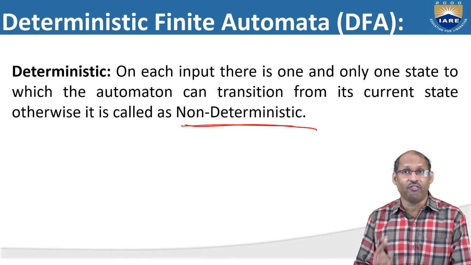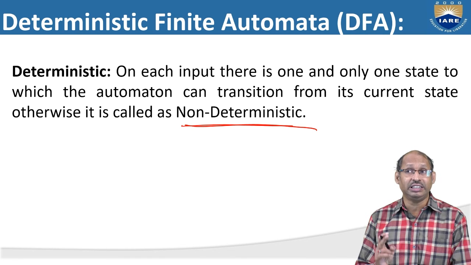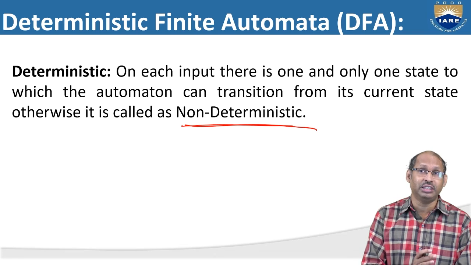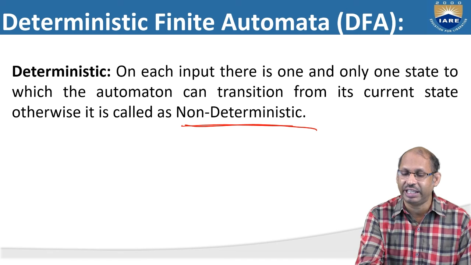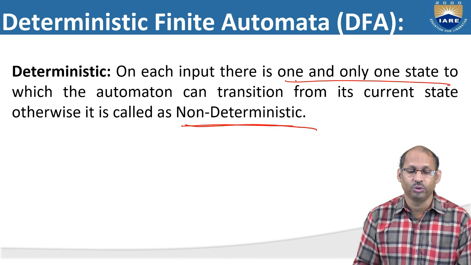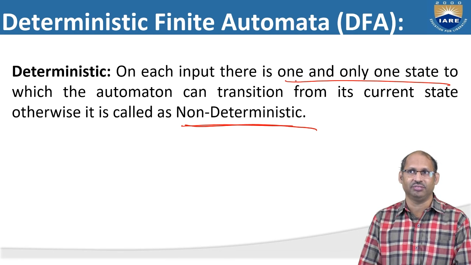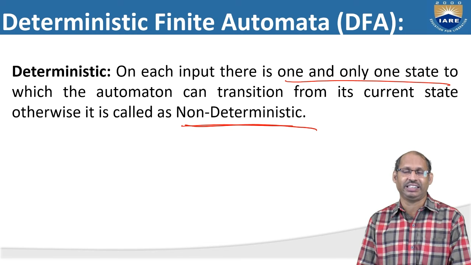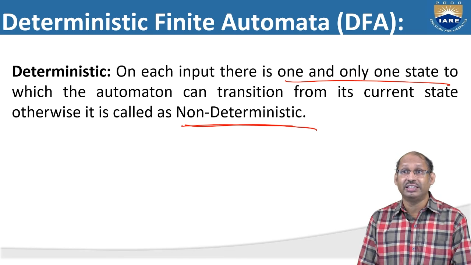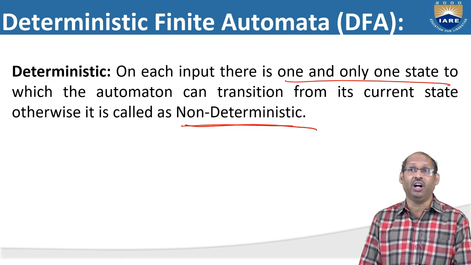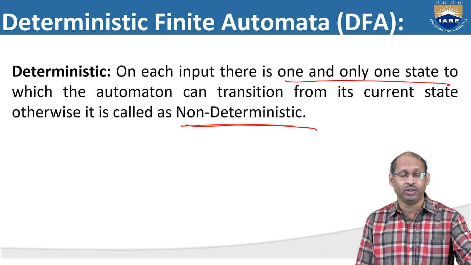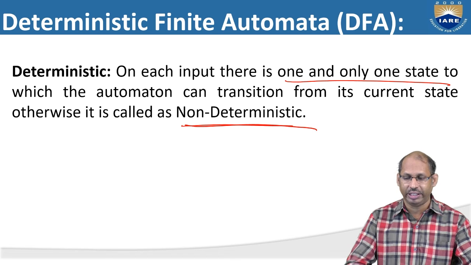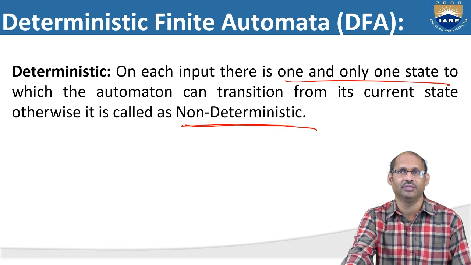If there is only one output transition for the state and input symbol, then it is a deterministic finite automaton. If not, then we say NFA, non-deterministic finite automaton.